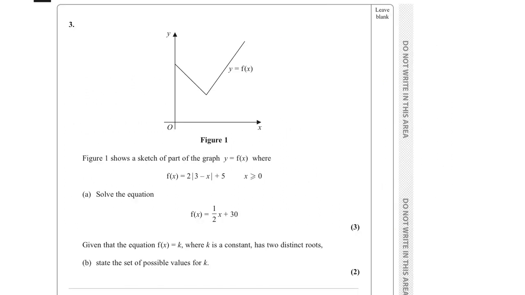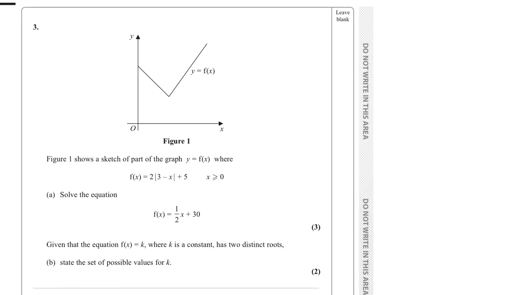Okay, so question 3. What we have is a functions question. So for part A, we want to solve the equation f of x, which we've been told is this, equals a half x plus 3. Now, I know what you're thinking, and I'm going to roll with what you're thinking.